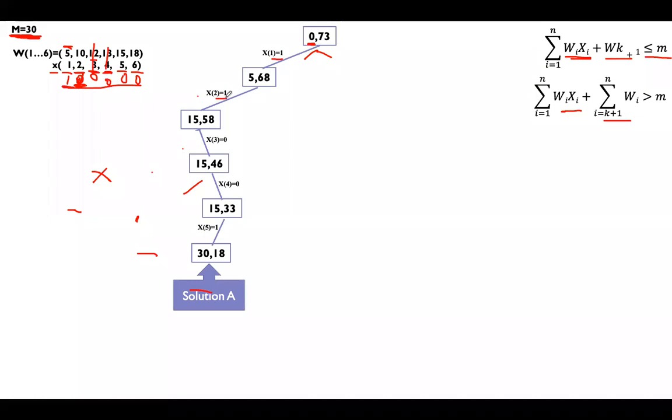That means you have selected element 1, element 2. x3 is 0 means you have not selected the third element. x4 is 0 means again you have not selected the fourth element. x5 is 1, so you have selected the fifth element. You have selected the first element 5 plus 10. You have not selected 12 and 13. Again you have selected the fifth element. So total is 30. You will not select the sixth element. Is it clear? So this is the solution.